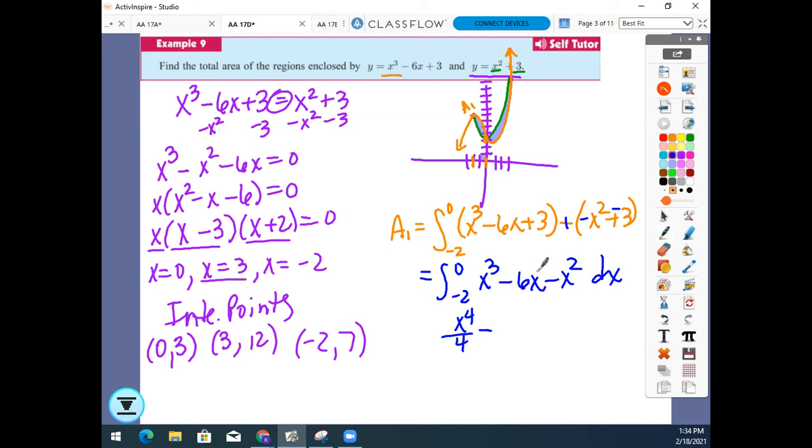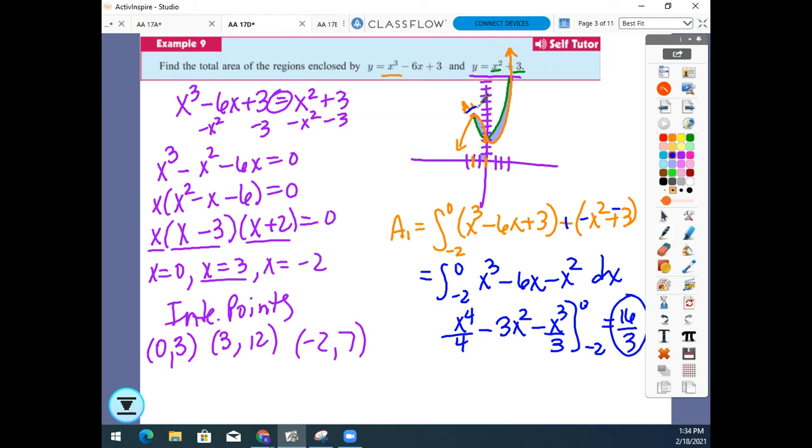When I add 1 here, I get 2, and divide by 2, I get 3. And I'm going to do that from -2 to 0. Now, for sake of time, you plug in 0, you get 0 minus, plug in -2, -16/3. So when I take 0 minus -16/3, this is my area 1, this part right here.